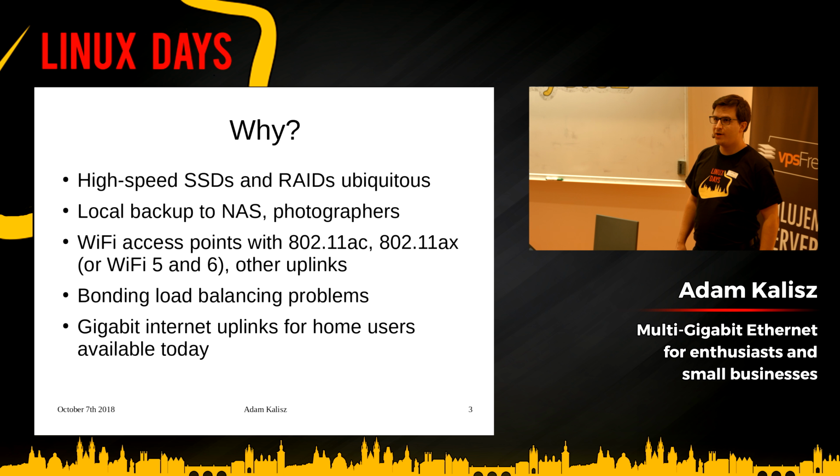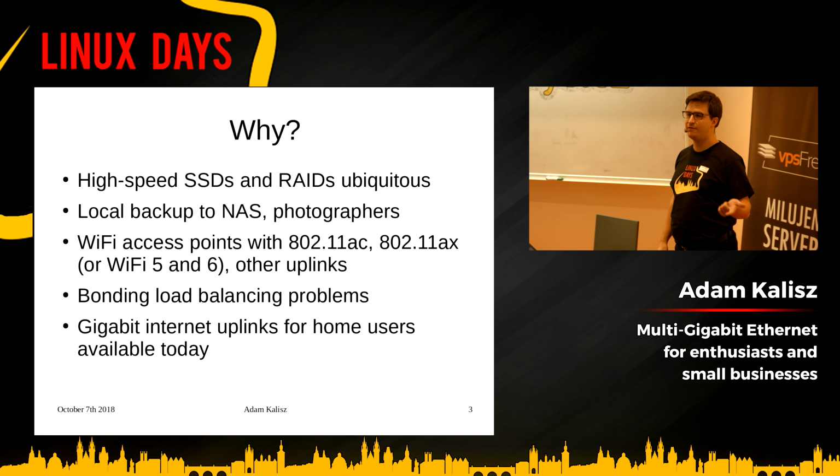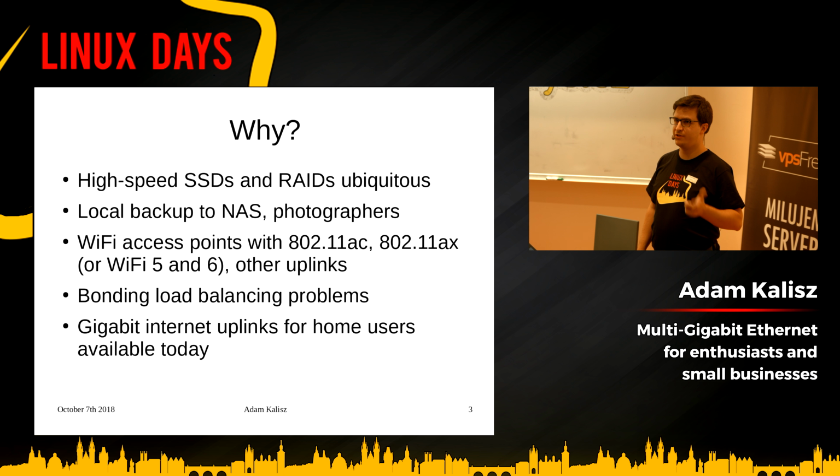So, why should we buy something that does more than 1 gigabit Ethernet for home or office use? I'm targeting 10 gigabit Ethernet, but I'll talk about the other two also. There are possibilities about 2.5 and 5 gigabit Ethernets nowadays, which is pretty new, the standard, and so there are some rough edges.